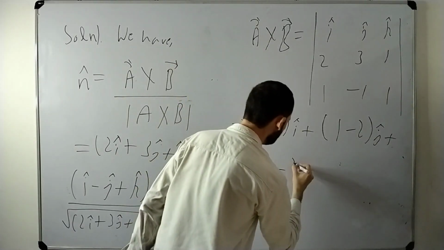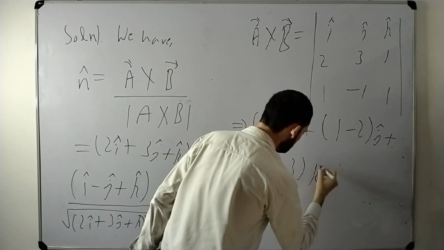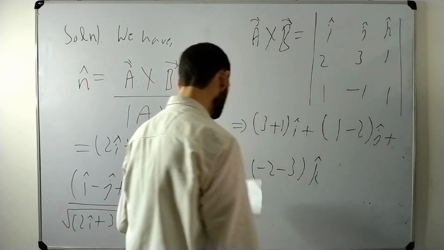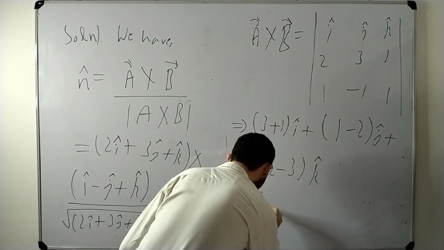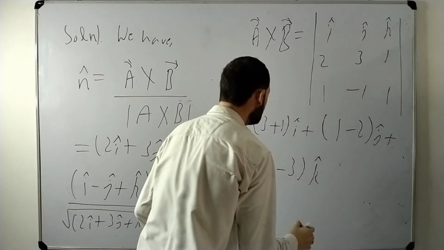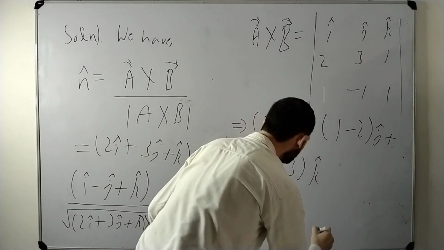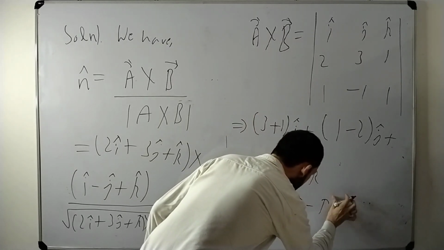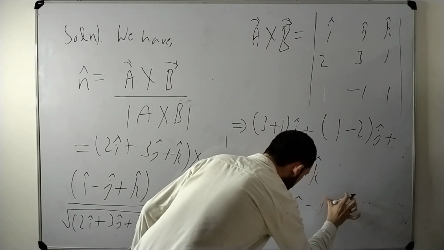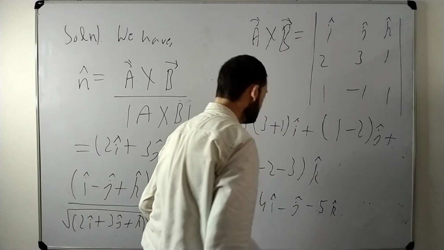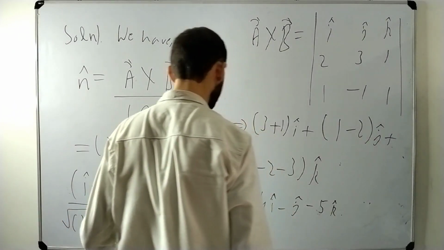This is minus 2 minus 1 j cap, so minus j cap. Plus, minus 2 minus 3, k cap. So 4i, minus j, and minus 5k cap. Now what is the modulus of it?